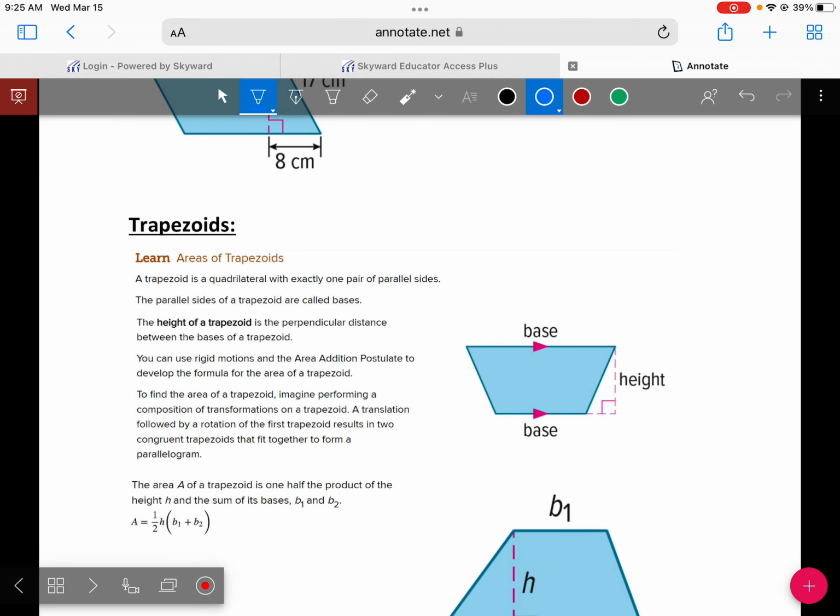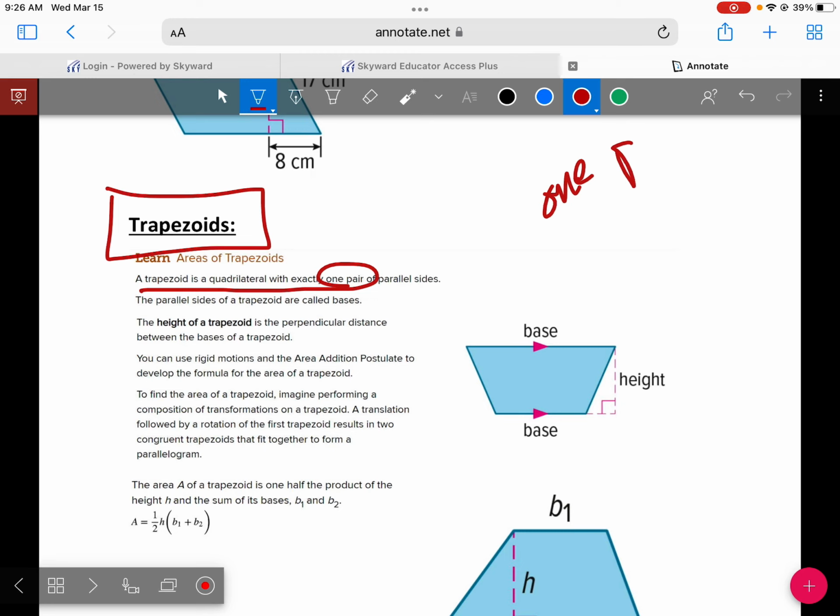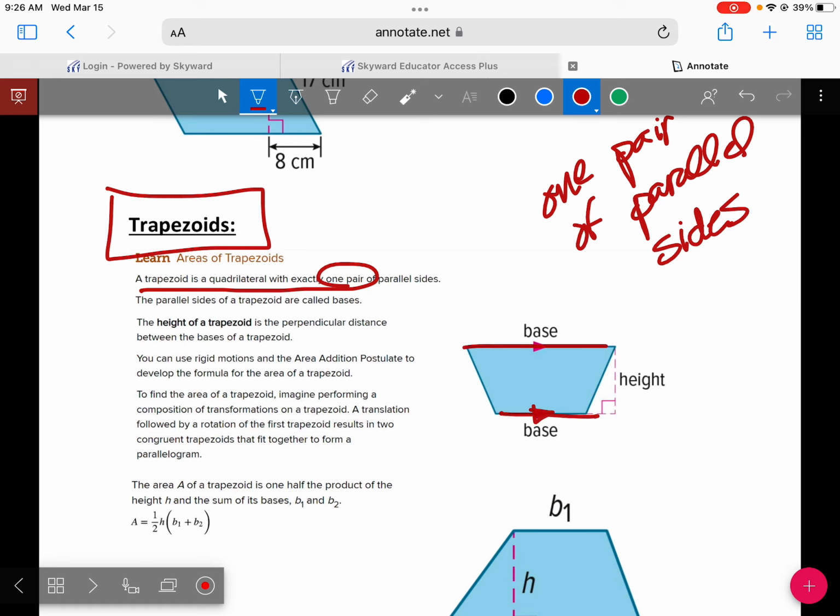Our second quadrilateral for today is going to be the trapezoid. Parallelograms have two pairs of parallel sides. A trapezoid has one pair of parallel sides, and they are called the bases.